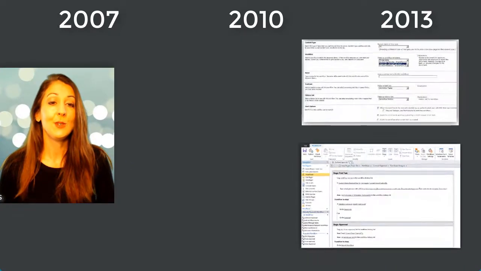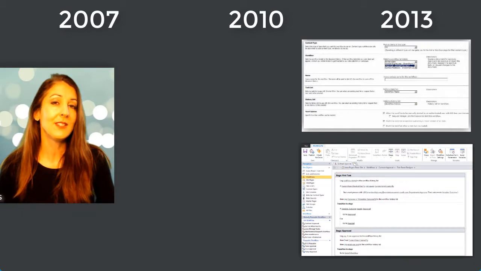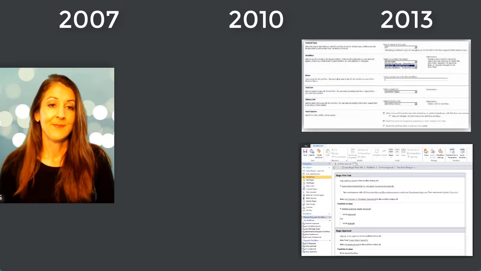And then in 2013, it still uses the 2010 out-of-the-box workflows in the browser. And then, of course, we had SharePoint Designer 2013. Aren't you glad that we've moved on and we don't need to use those anymore?